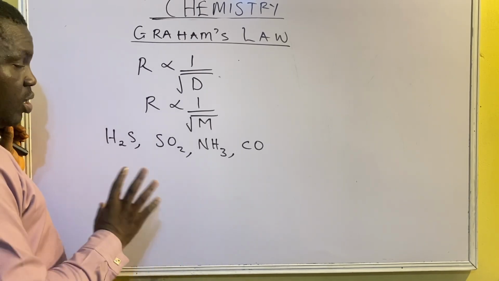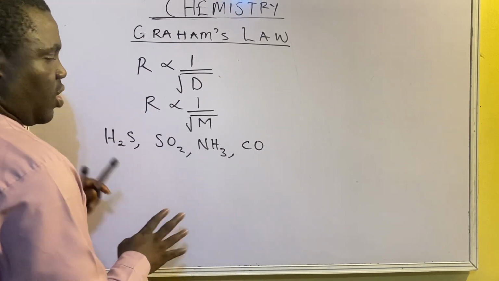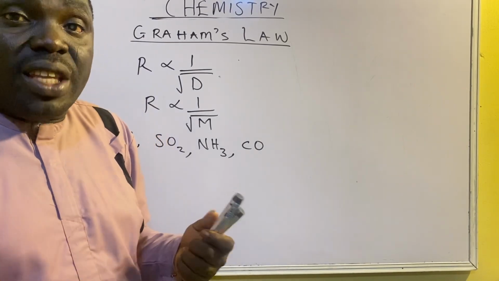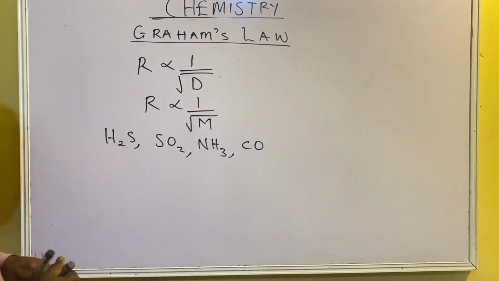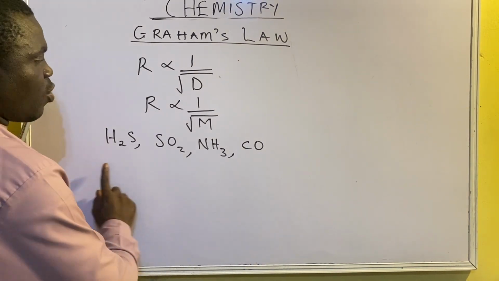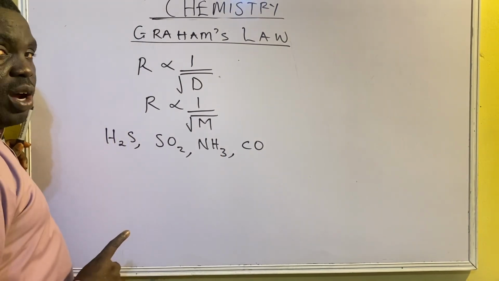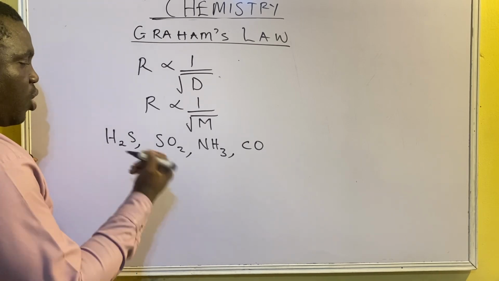That's what you are told, either to increase or decrease. Now, you don't need to bother yourself so much. What you need to do is to calculate the molecular weight.